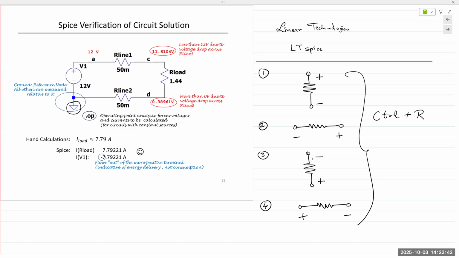Now, as soon as you build the circuit, LT Spice is going to assign a node number to each of the nodes that it sees in the circuit. So if you hover your mouse cursor anywhere along this node, it's going to tell you this is node 001, 002, 003, and so on.